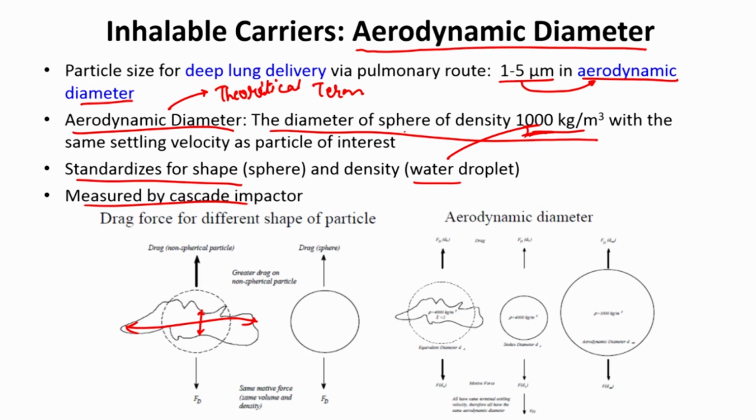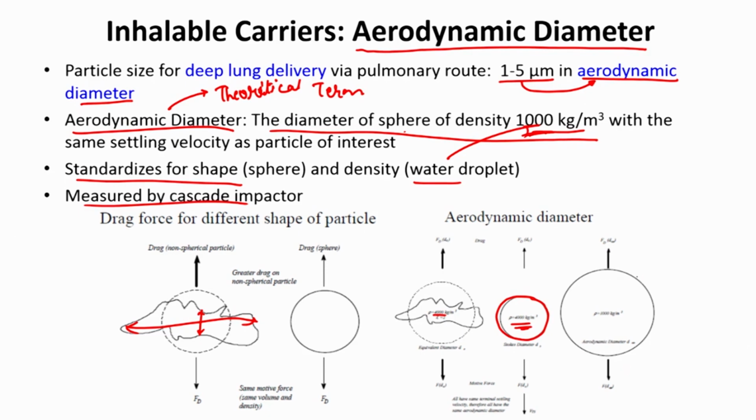So, if you have a particle with a density of 4000 kg per meter cube, that is going to give you some diameter if you model it at 4000 kg per meter cube, but since the density is very high, the drag is going to be lower for this.